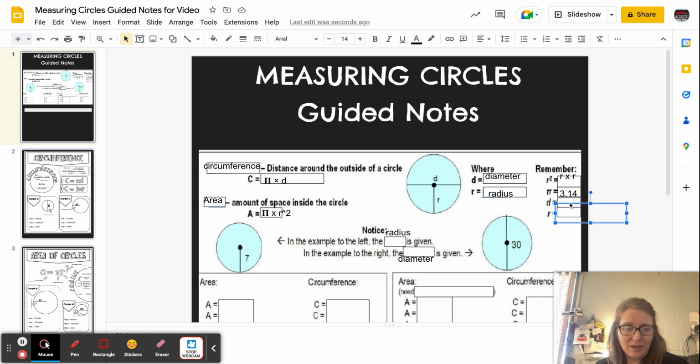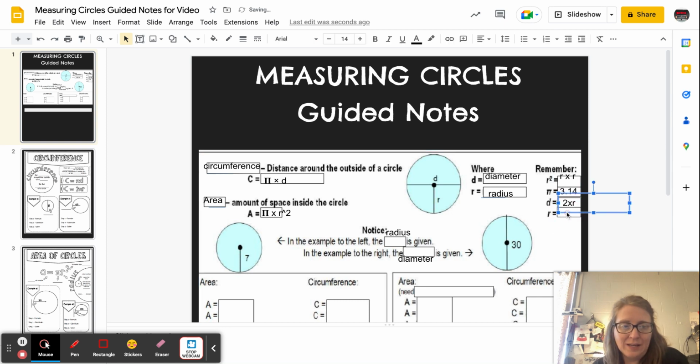And then remember that diameter, if you are given the radius and you want the diameter, the diameter is 2 times the radius.